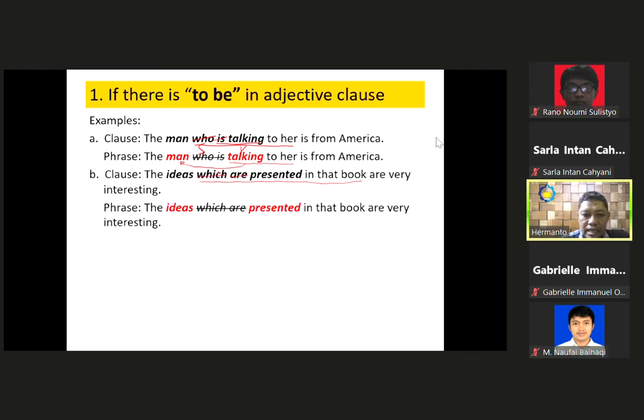And what you get is: the ideas presented in that book are very interesting. Which is the adjective phrase? Presented in that book. What is the function? To describe the ideas. So this is an adjective phrase from the adjective clause which are presented in that book. It is adjective because it describes a noun. Okay, everybody, is it clear to you?